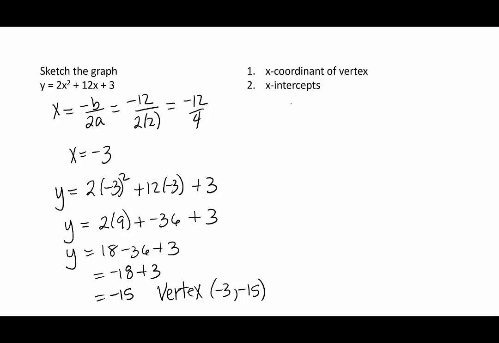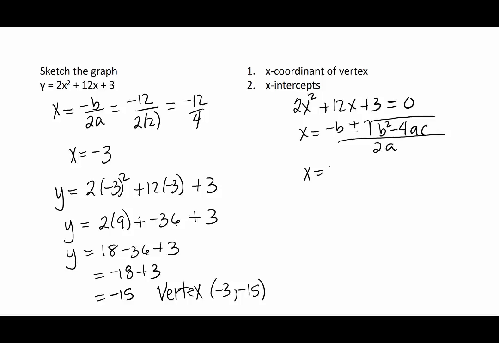To get the x-intercepts, we set y equal to 0 and we solve for x. Since this cannot be factored, we use the quadratic formula. So now we plug in b is 12, a is 2, and c is 3. Now we simplify.